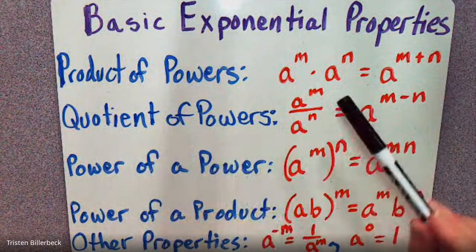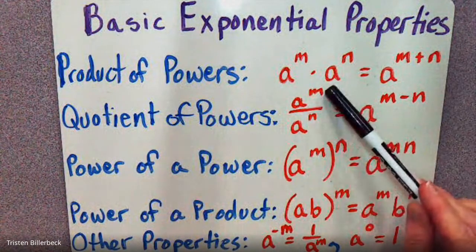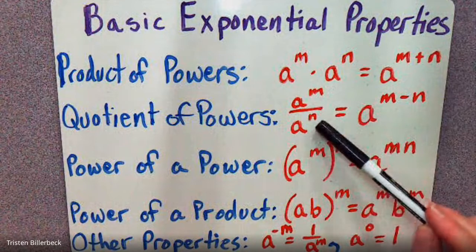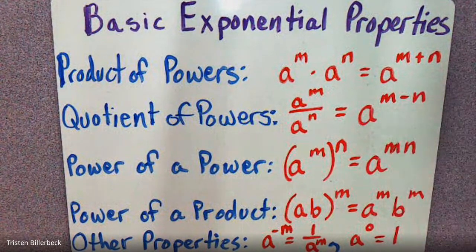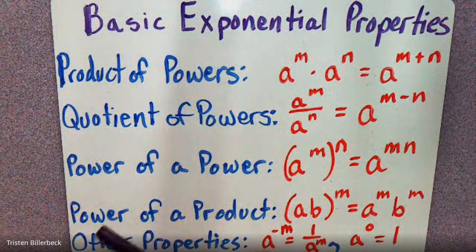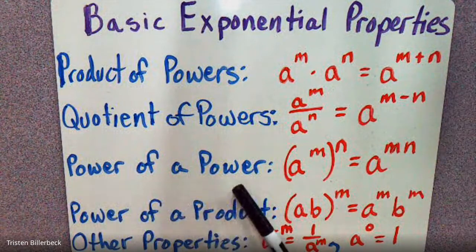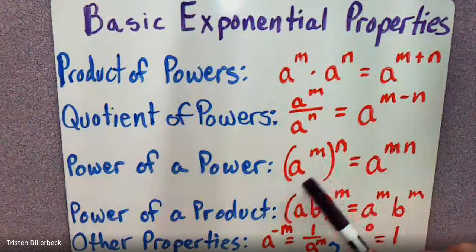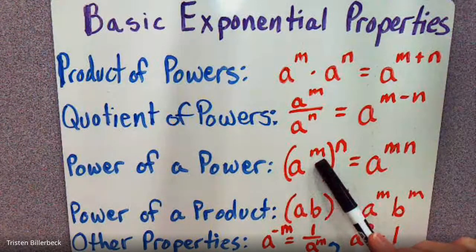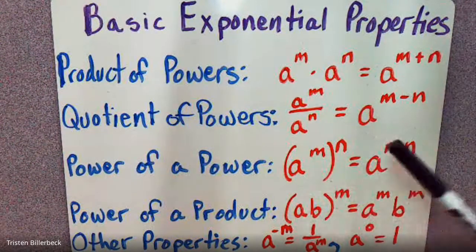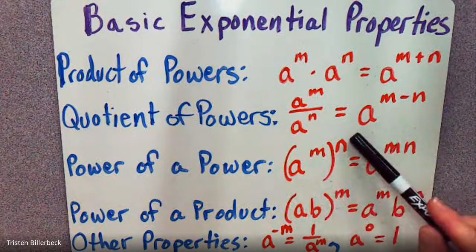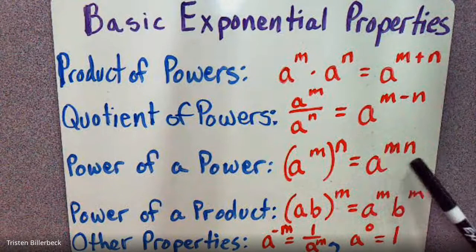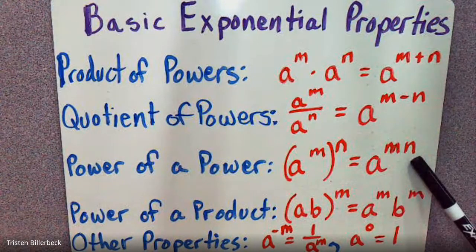Quotient of powers, so I have a to the m divided by a to the n, which equals a to the m minus n. Then we have the power of a power. So I have a to the m, and then it's n up here. So a to the m, to the n. So that's a to the m times n.